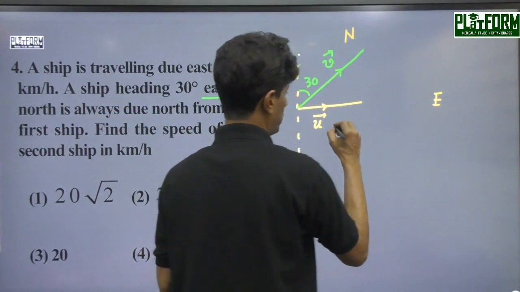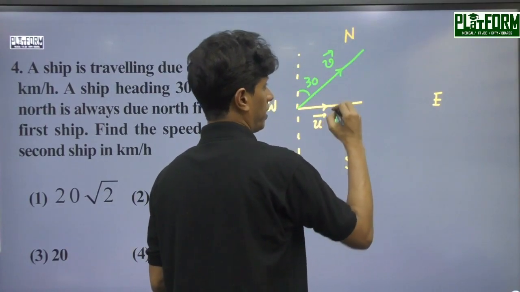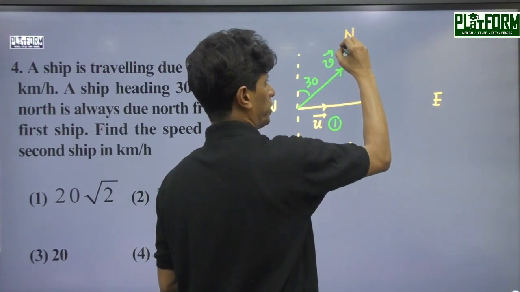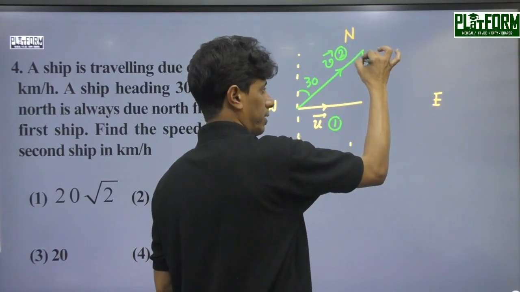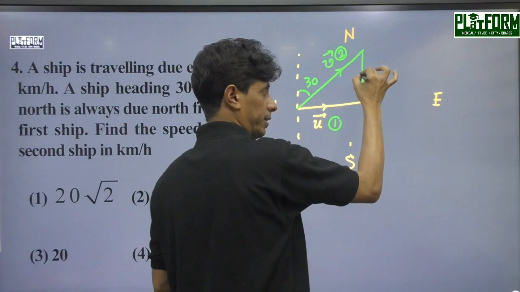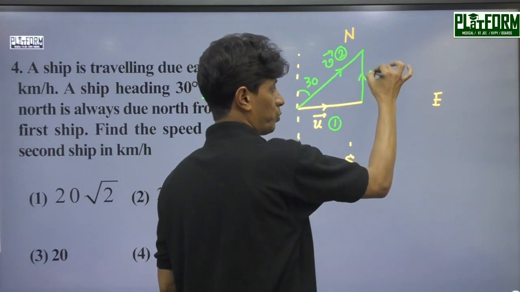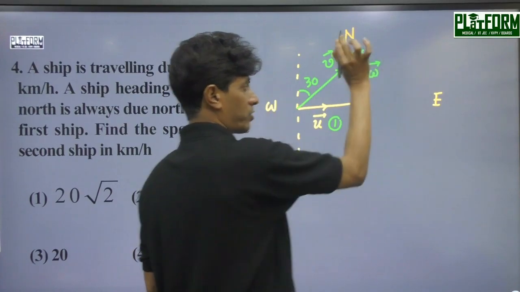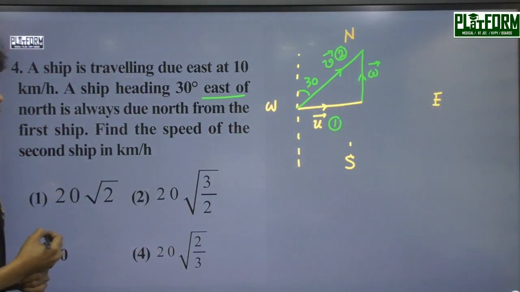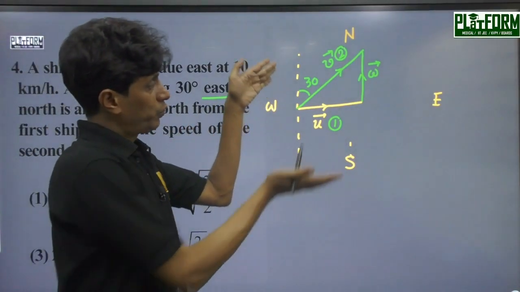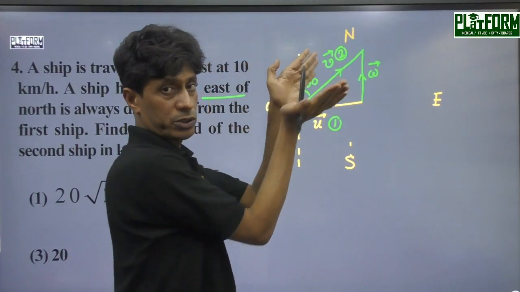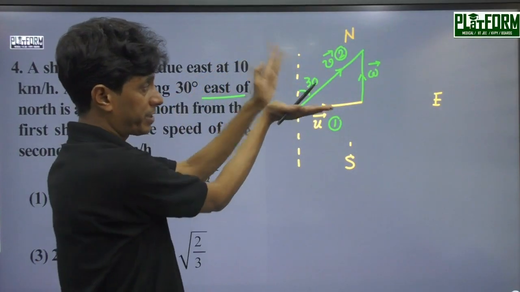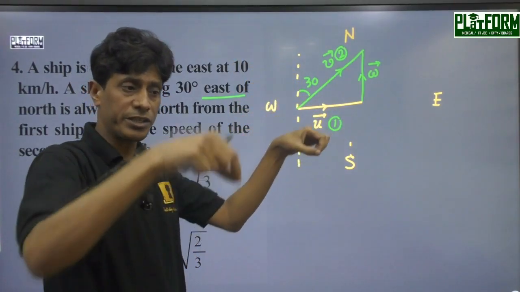So with respect to ship 1, and this is ship 2, the relative velocity of ship 2 is omega and directed towards north. The two velocities of ships 1 and 2 must be taken by the adjacent sides of a triangle in reverse order.